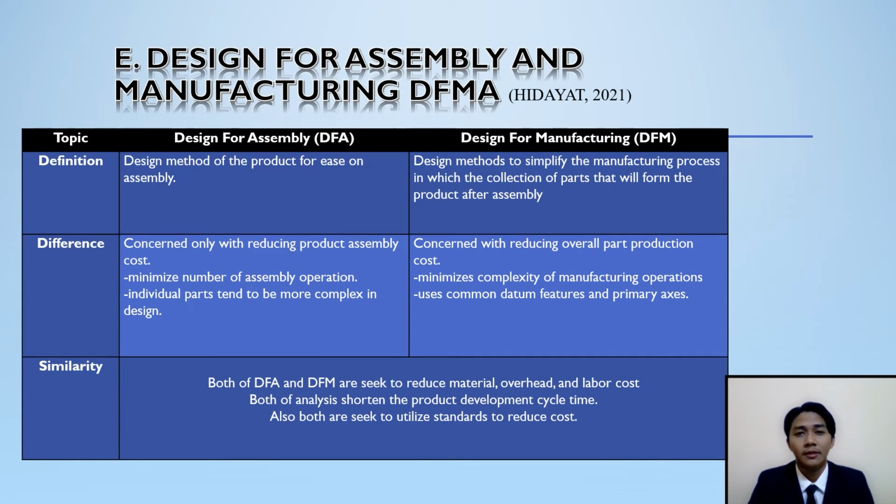Meanwhile, DFM is concerned with reducing overall part production costs, which is to minimize complexity of manufacturing operations, then use common datum, feature, and primary axis. But both DFA and DFM seek to reduce material, overhead, and labor costs, shorten the product development cycle time, and utilize standard reduced cost.